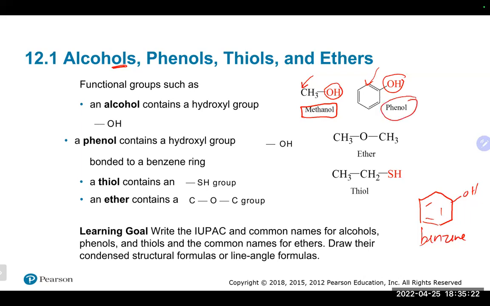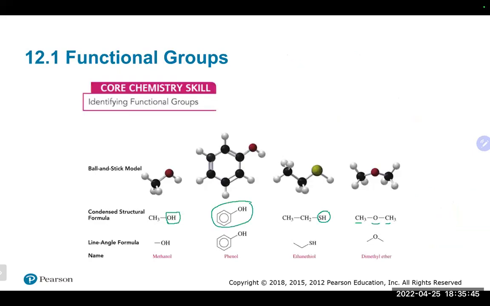So a phenol is basically a benzene ring that has the 3 double bonds in it and an OH group attached to it. A thiol we'll talk about has an SH group, and an ether has this carbon group. And again, we're going to talk about each of those guys as we go through this chapter, obviously.